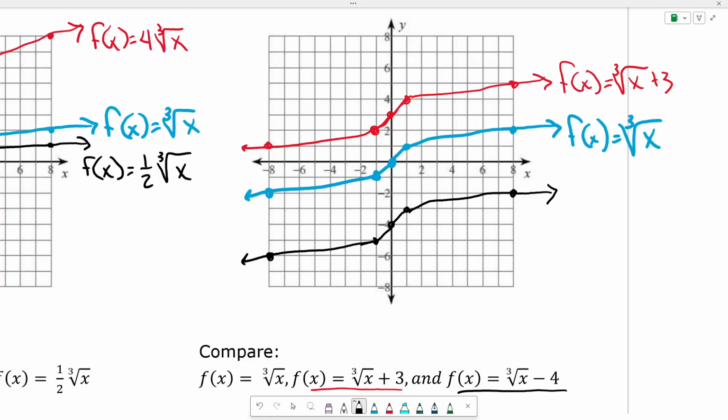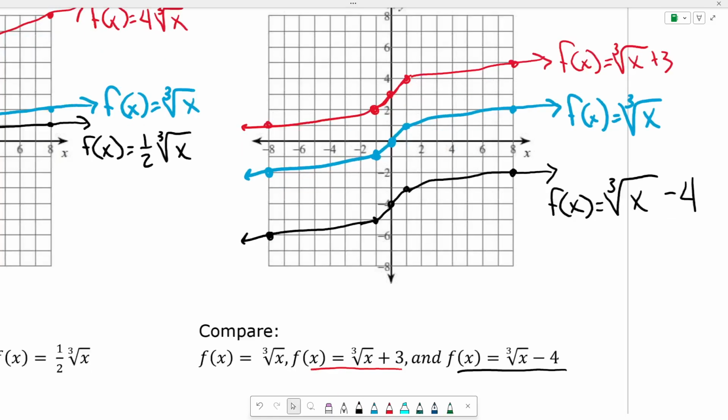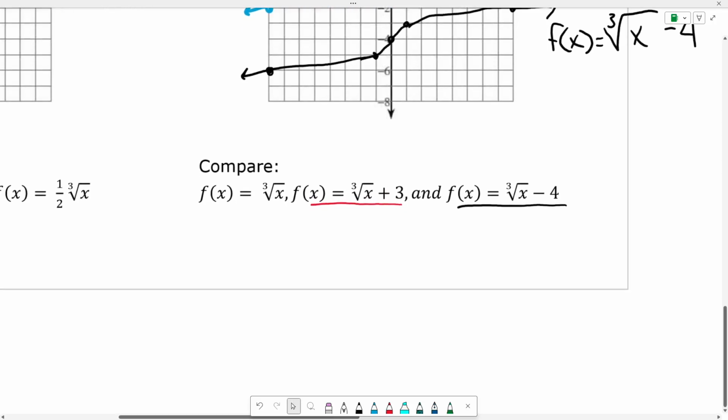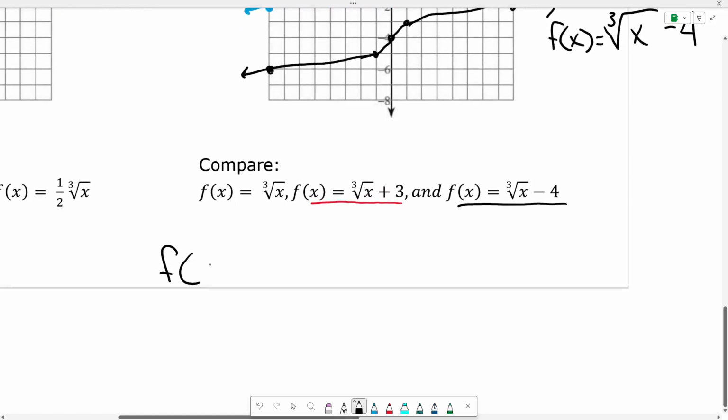In that order, it's just a matter of its location being translated. Just like with the cubic functions, adding or subtracting a number will shift it up or down.